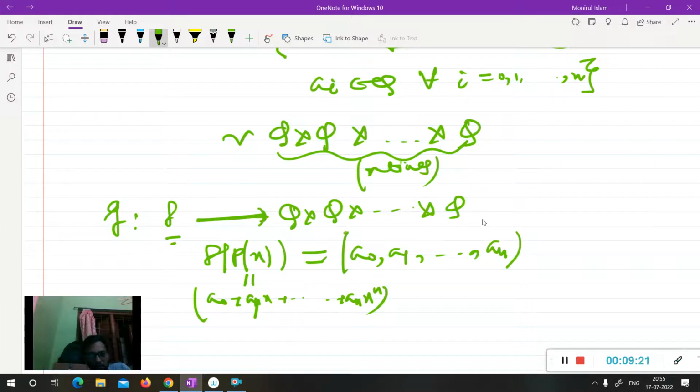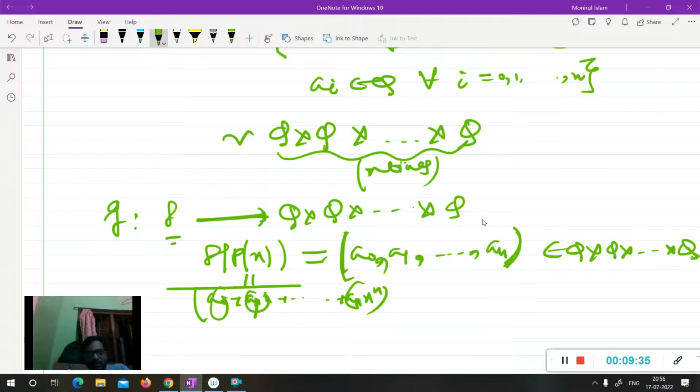If you take the coefficients a0 to an in a bracket, this is a member of Q cross Q, n times. So this gives a bijection. This is a bijective mapping, you can clearly check it.